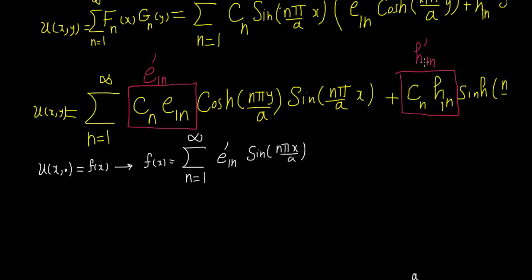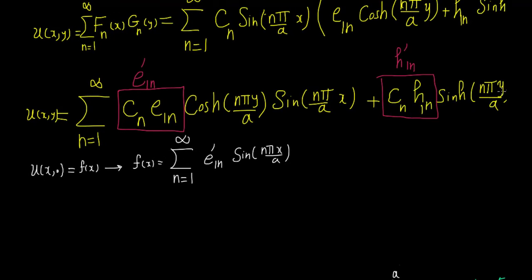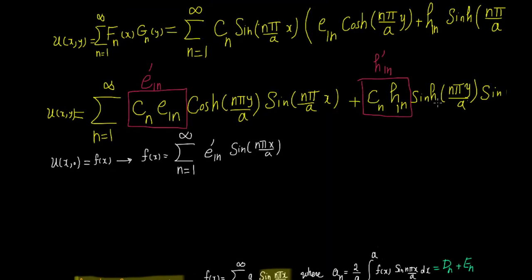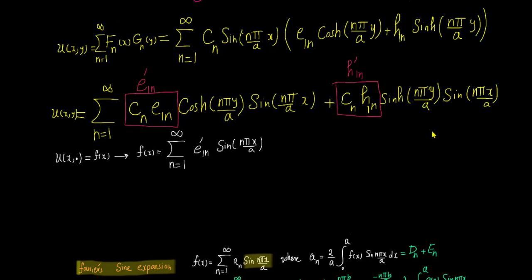And the second term is plus h prime 1n times sine hyperbolic of 0. Again, because we have y in the sine hyperbolic, and sine hyperbolic of 0 is indeed 0. So the second term will completely vanish.